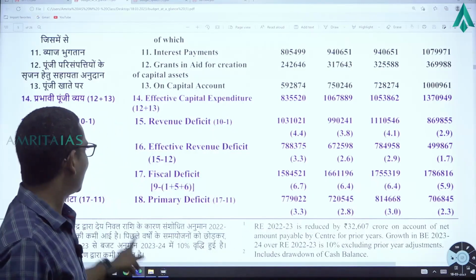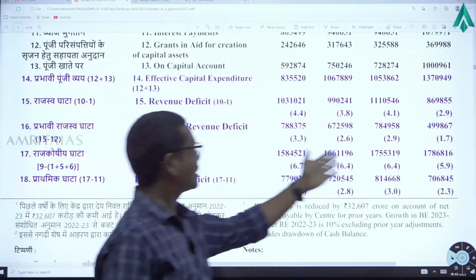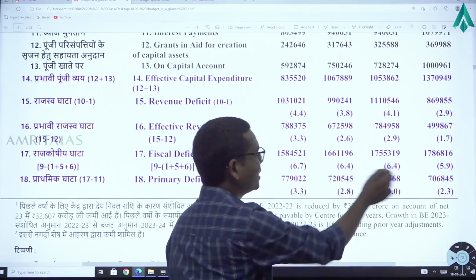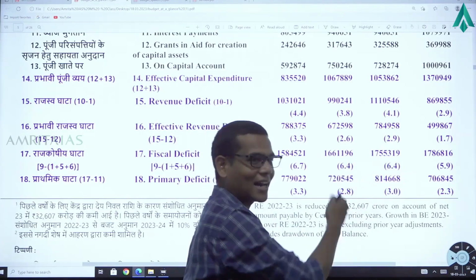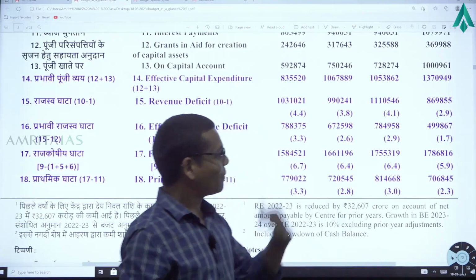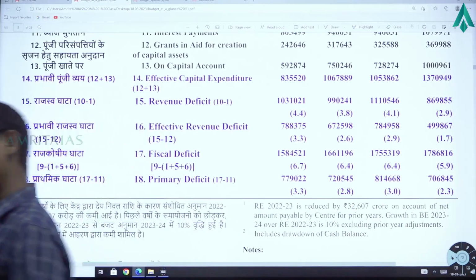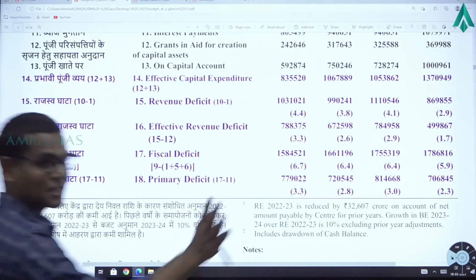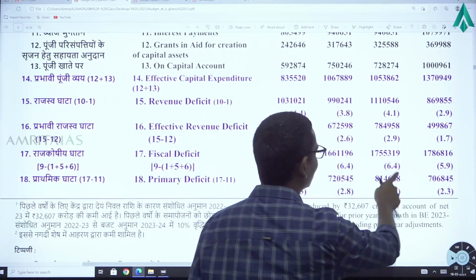Fiscal deficit, 6.7, 6.4, 5.9, and everyone looks for this number. Is it what you projected, or again you increase? Because at the time of presentation of budget, we can say we are reducing the fiscal deficit, we are here to bring financial discipline, but by the time of revision, normally you will increase. But anyhow, the finance minister has not adjusted: 6.4, 6.4, 5.9.